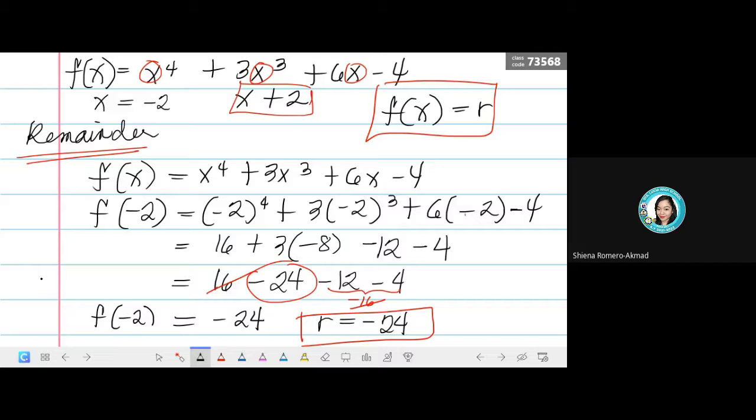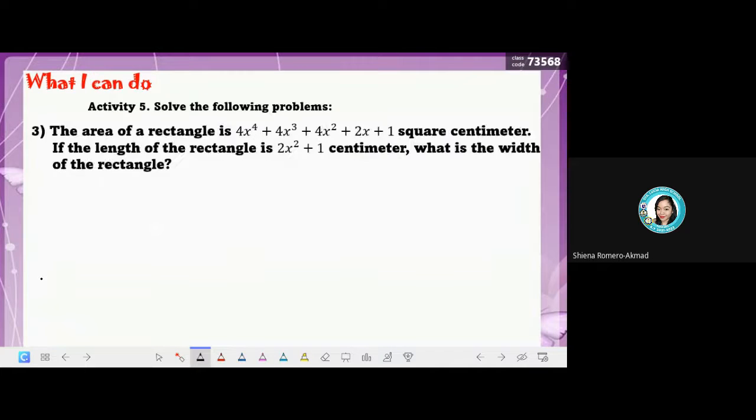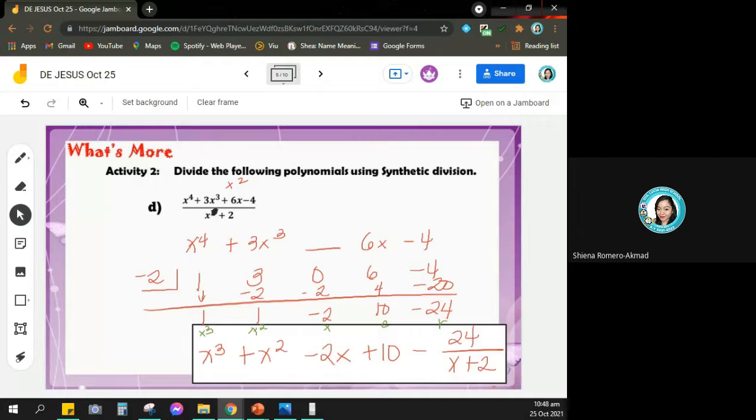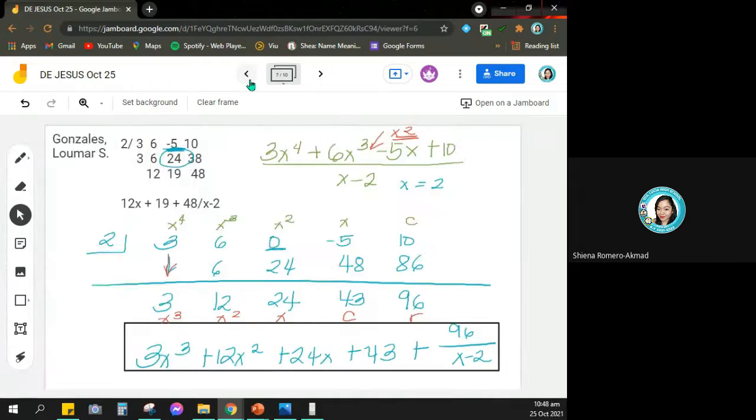Saka ko na i-explain kung ano yung ibig sabihin pag 0 yung remainder. Okay? So, tama ba yung gawa natin? Sagot natin, the remainder is 0. I mean, negative 24. Tingnan natin dun sa solution natin kanina. Yes, the remainder is negative 24. Let us try other solutions.